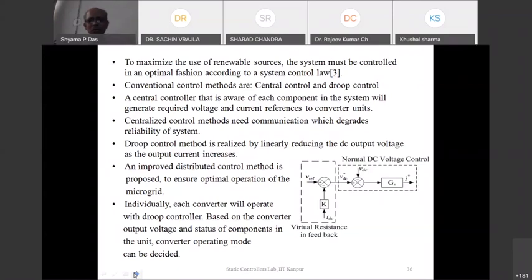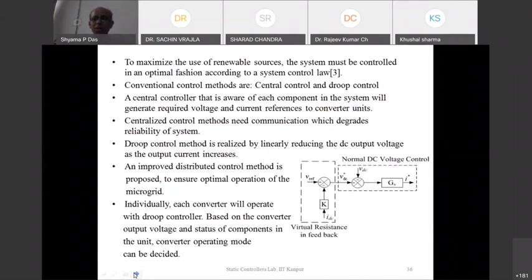It can change from 230 to 225, maybe to 200, depending upon the load of the system. It could be 240 in certain conditions. So when the load is more, there is a voltage droop, and the droop is necessary to keep the system stable. Otherwise, the system will go haywire.